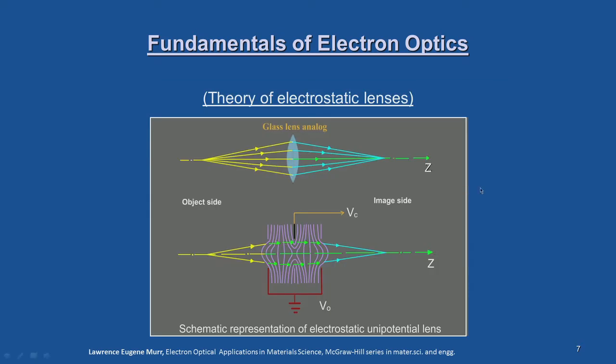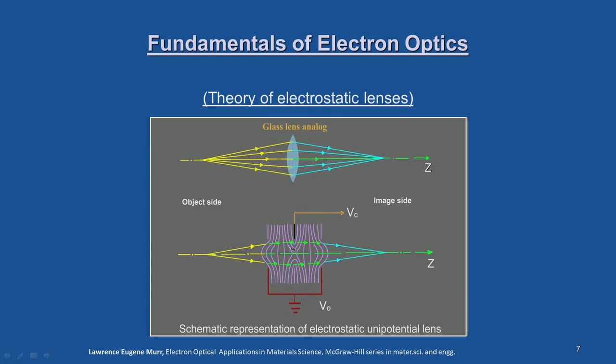Now, as I just mentioned before, the electrostatic lenses were the ones first developed for the electron microscope, and you can see in this schematic that it is exactly analogous to a glass lens system. You see where the light is falling on this glass, and then it is converged on the right hand side, and here you have the electrostatic lens.